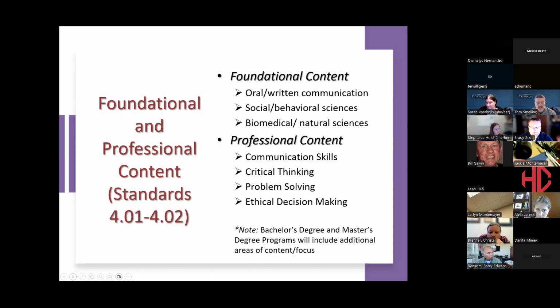So again, foundational and professional content. The professional content builds on that for clinical application. Both must align with the program goals. The foundational content is not separate from the program goals. It needs to be integrated. Degree programs may have, and will likely have, additional areas to cover.